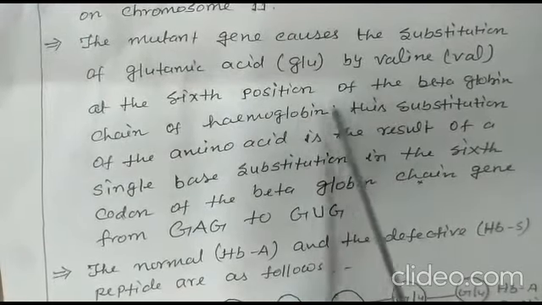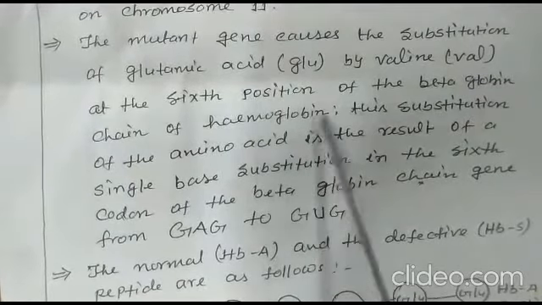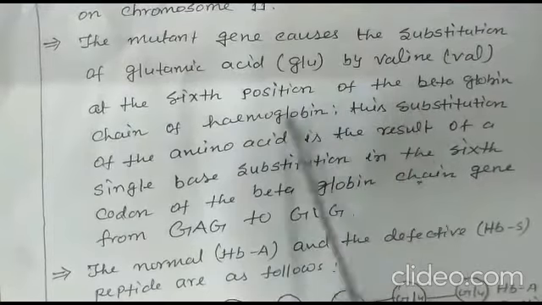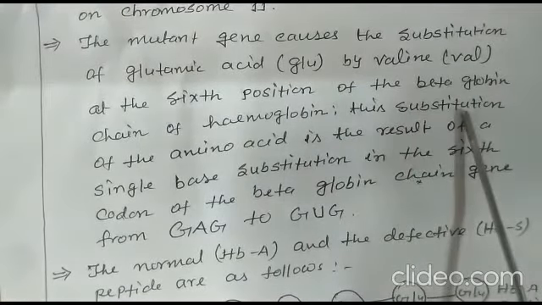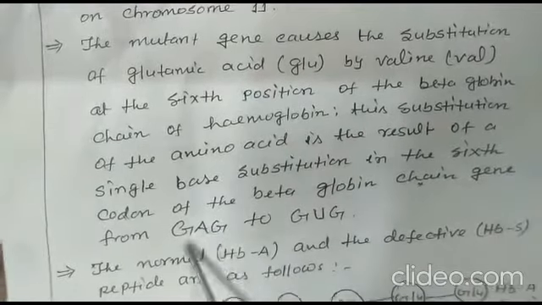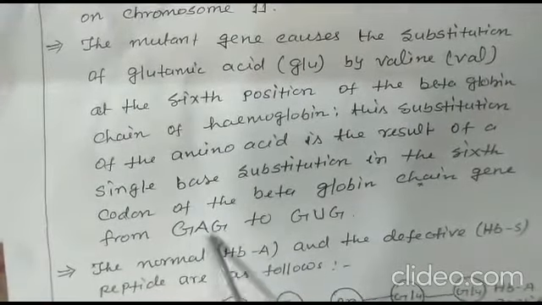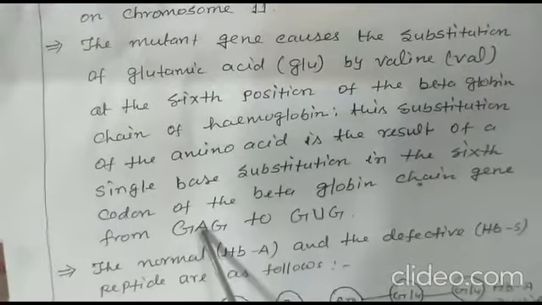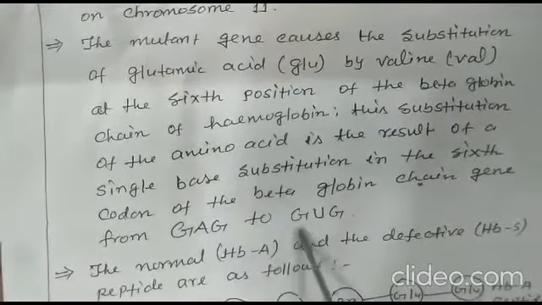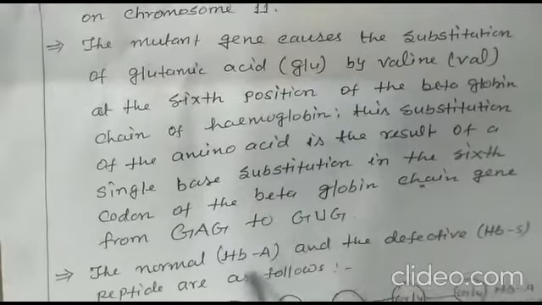So when there is a mutant gene present on this polypeptide chain, due to the substitution of only one base, GAG, guanine, adenine, guanine, just see that the A has been replaced in GUG.